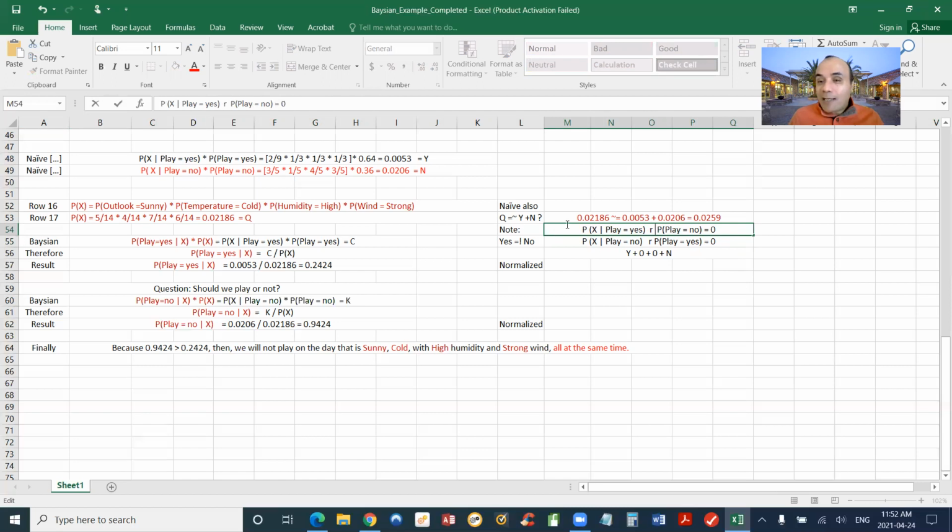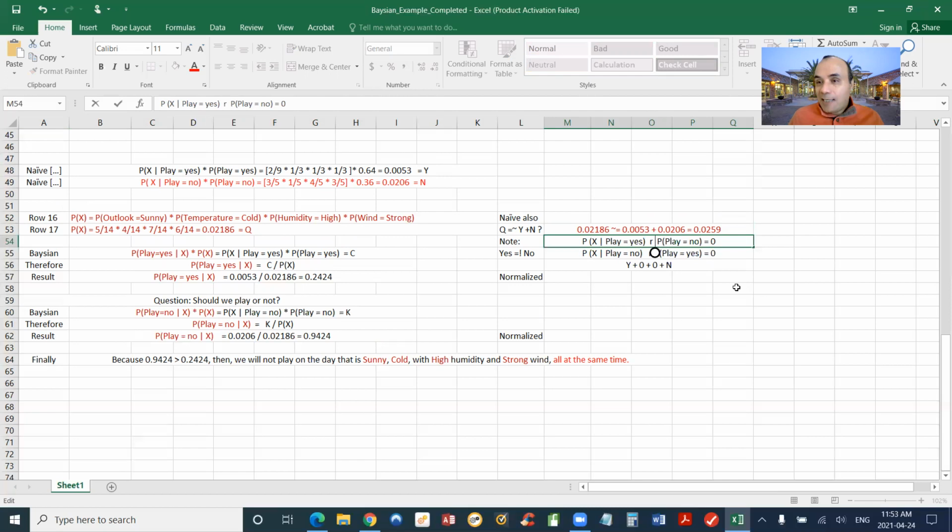Now, when you take a look at the summations we had, for example, for the no's it is 0.0206, for the yeses 0.0053, you add them up, it's 0.0259. That's not what we get in our calculation, but the difference is very minor.